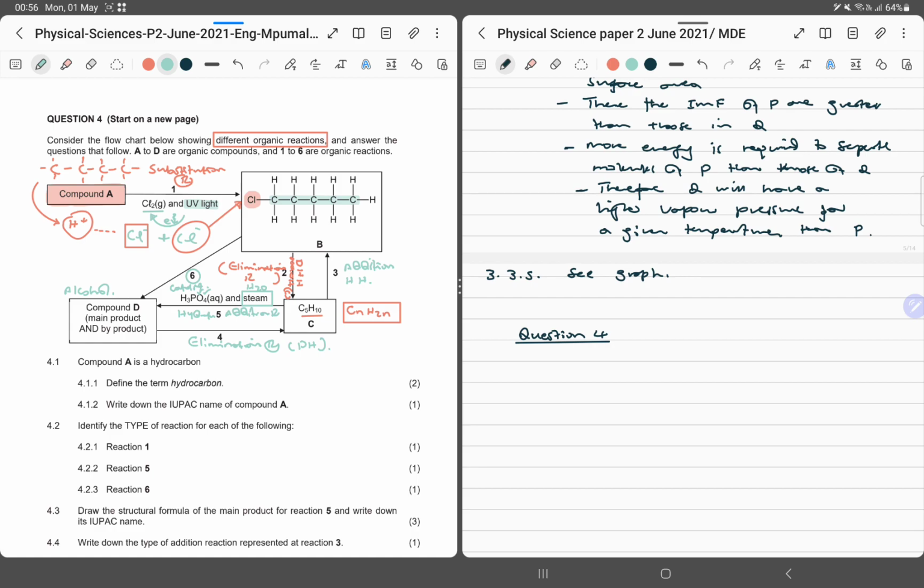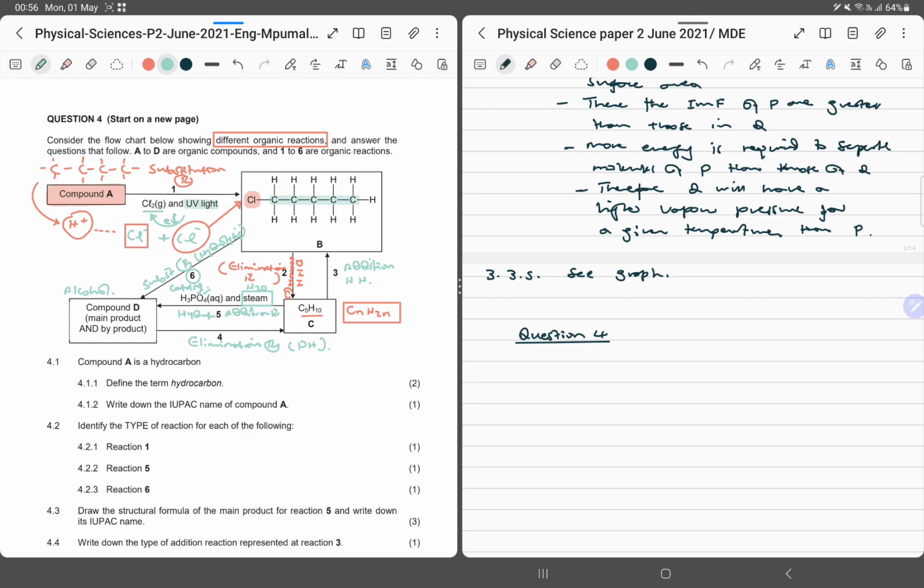So do you see, sometimes you don't have enough information until you look elsewhere, and then you follow the flow diagram. Now that's great. Now let's have a look at this reaction 6. Now if we moved from a haloalkane to an alcohol, we are doing a substitution reaction. And this reaction is hydrolysis, basically.